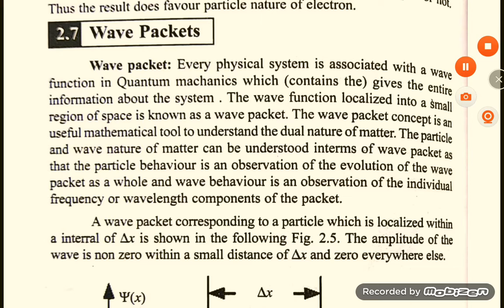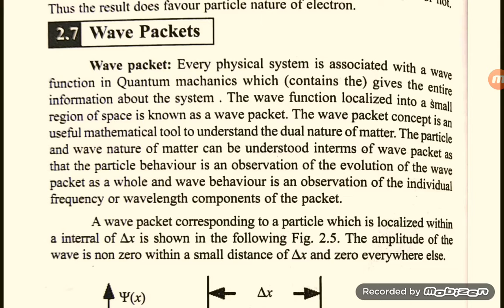Where the amplitude is maximum, we can assume that the particle is present. The maxima of that amplitude can be called a wave packet. So we can assume the particle will be there in the wave packet.